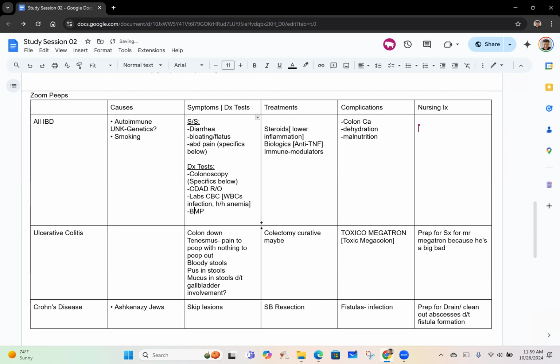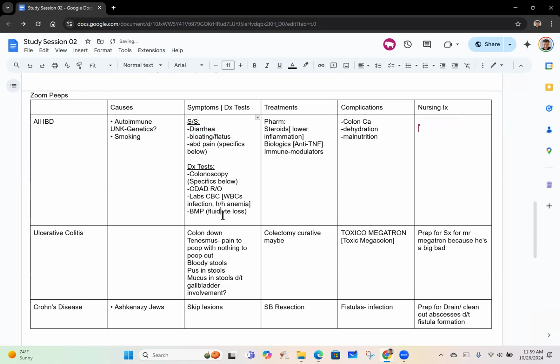BMP, what do we think about BMP? Why BMP? They could be losing electrolytes if they have diarrhea, right? So diarrhea has its own, that's a first semester fundamentals question. What is diarrhea, what are the causes of diarrhea, and what are the complications of diarrhea? You know the symptoms, and then how you fix diarrhea, right? So that's kind of a fundamentals question. You should always think, oh, they've got fluid loss, and they also have electrolyte loss.